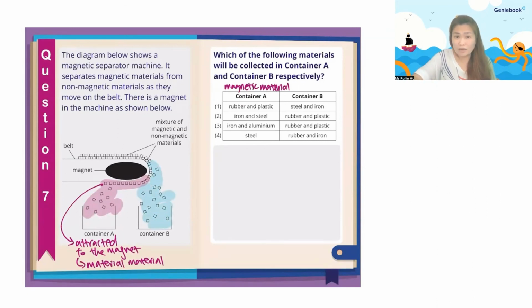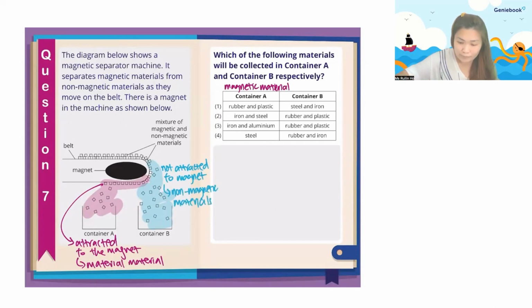So container B would be not attracted to the magnet. So they are all the non-magnetic materials. Oh no, I can't squeeze my big handwriting in. I just put down here non-magnetic material.